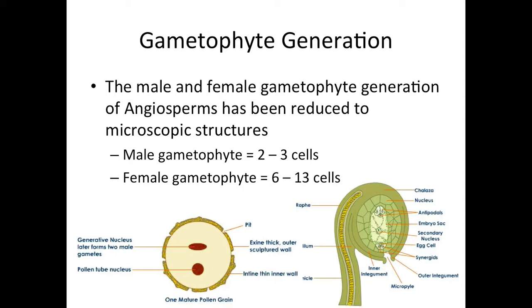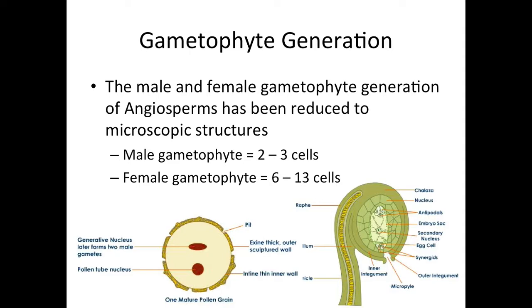Now, in some of the plants, the gametophyte generation is dominant. So if you think of mosses like sphagnum moss or liverworts, the green leafy plant body that you see is actually the haploid body. But in gymnosperms and angiosperms, the gametophyte generation has become completely dependent upon the sporophyte generation for protection and nutrition, and it's also become highly reduced.